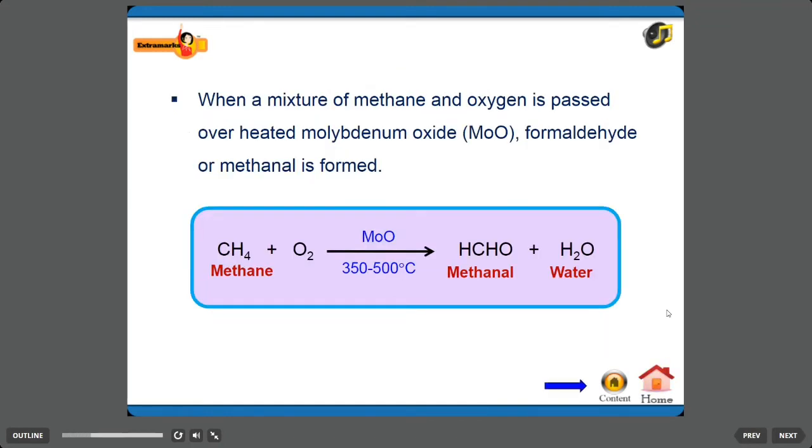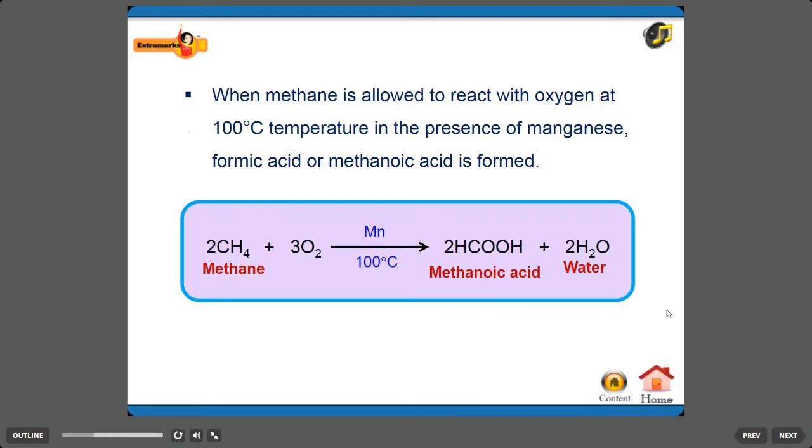But when a mixture of methane and oxygen is passed over heated molybdenum oxide between 350 to 500 degrees Celsius, formaldehyde or methanal is formed. Similarly, when methane is allowed to react with oxygen at 100 degrees Celsius in the presence of manganese, a different product, that is formic acid or methanoic acid, is formed.